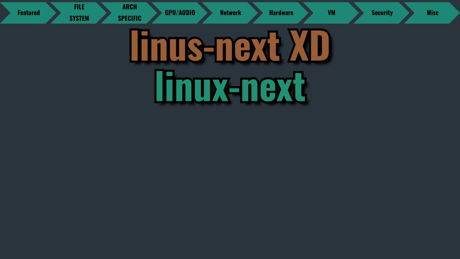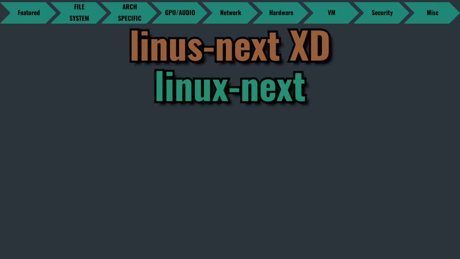Now, the idea behind Linus Next is the same thing, but with a little bit more control from Linus, meaning that it won't be a garbage pile like Linux Next, because the big problem that people have with Linux Next is that there is so much stuff in there that you end up with some code not working, and it doesn't work not because you have made a mistake, but because some other dev somewhere has made a change that for some cosmic reason causes a problem with your code.